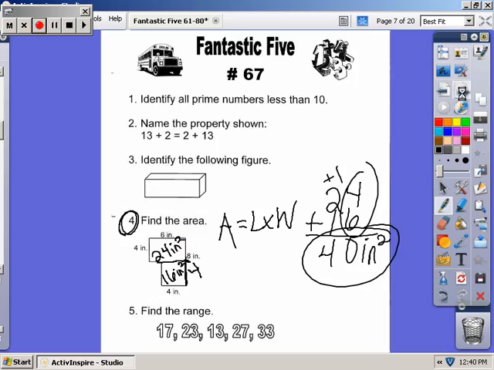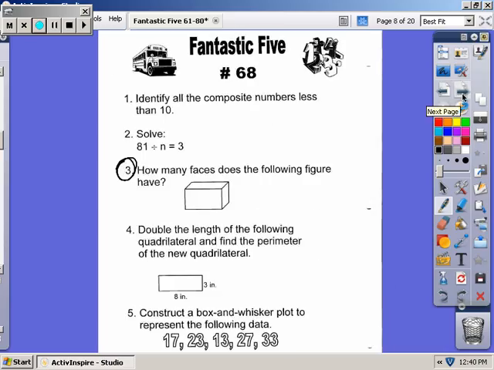How many faces does this following figure have? Y'all like to fill these in, and I will do it better. So if I fill in the rest of this box, how many faces does this figure have? Emma? 8. It has 8 faces. It has a front and a back.